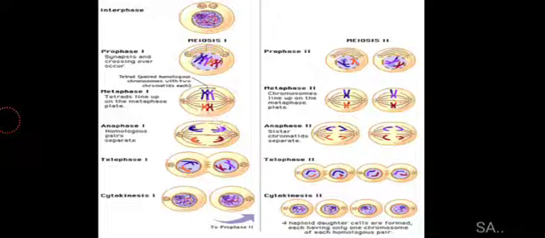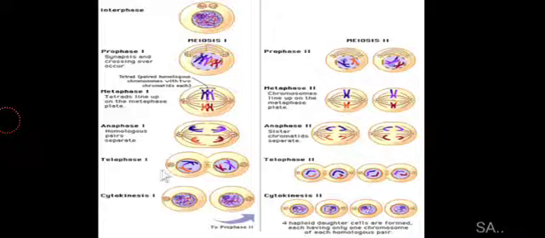After metaphase 1, what will happen? Anaphase 1, which is another important stage, will start. Now this homologous pair is separating from each other, and this is the point where the reduction division starts. You can see here that the number of chromosomes is reducing to half.